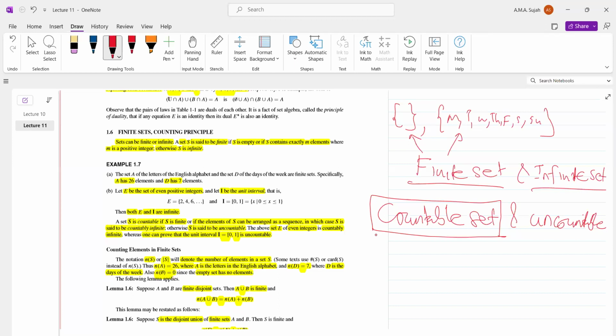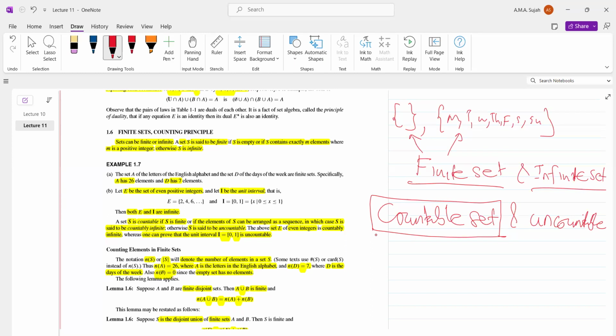So a finite set means they have exactly a particular number of elements. If you know exactly how many elements belong to that set, or if a set is an empty set, we can say that is a finite set. All other sets are considered infinite sets. So positive even numbers, right? That is an infinite set. Why are we saying positive even numbers is an infinite set?